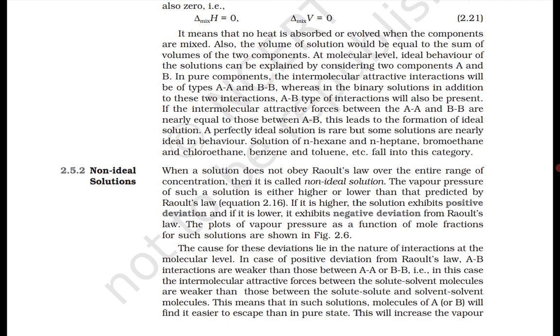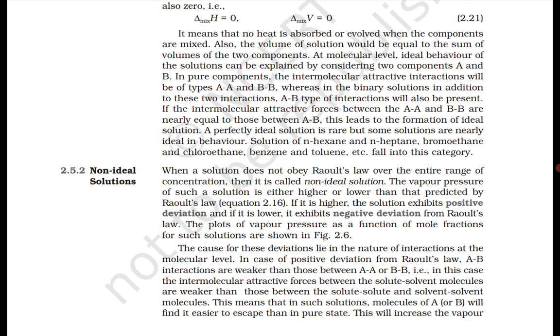2.5.2 Non-ideal solutions. When a solution does not obey Raoult's law over the entire range of concentration, then it is called a non-ideal solution. The vapor pressure of such a solution is either higher or lower than that predicted by Raoult's law, Equation 2.16.